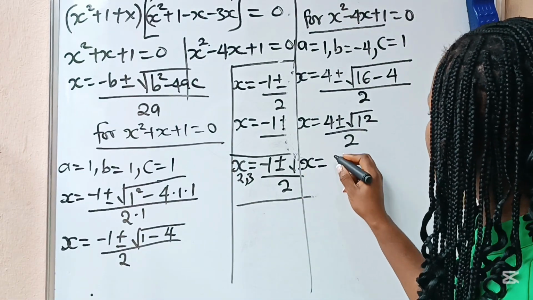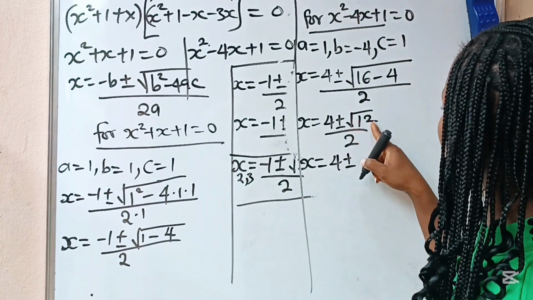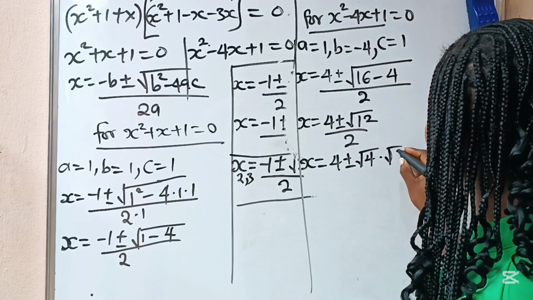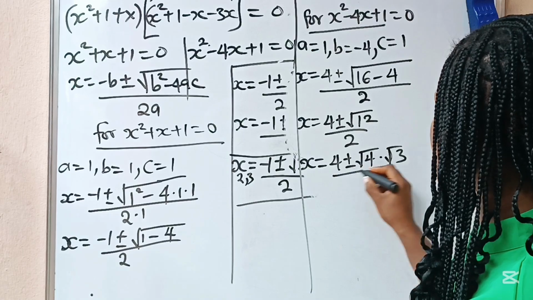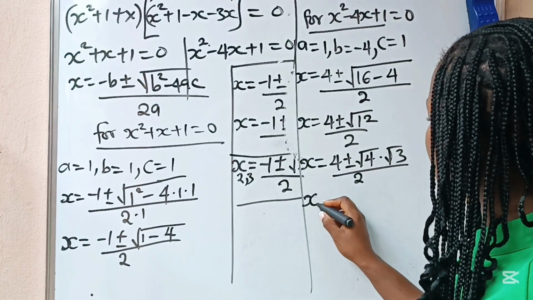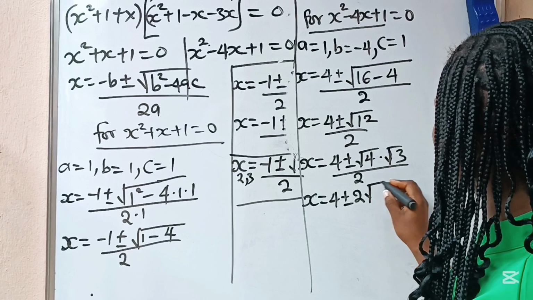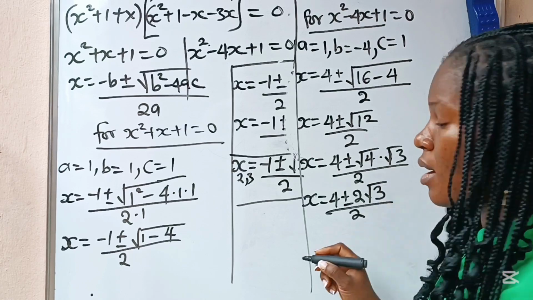Now root 12 can be written as root 4 multiplied by root 3, divided by 2. So x is equal to 4 plus or minus the square root of 4, which is 2, so we have 2 root 3, divided by 2.